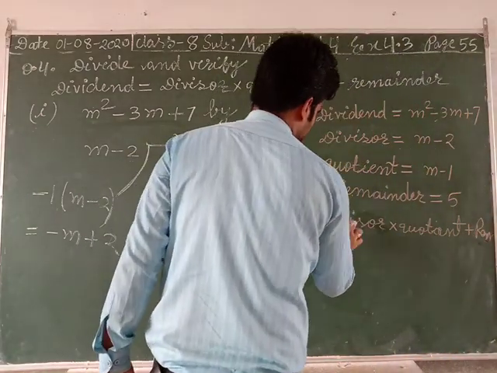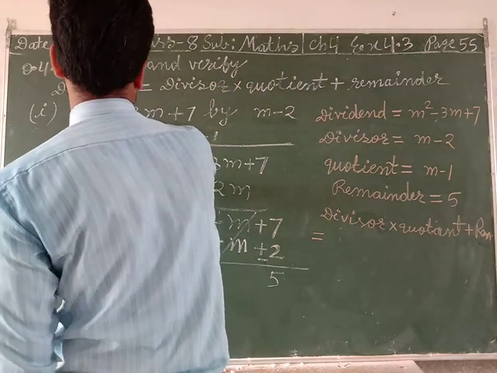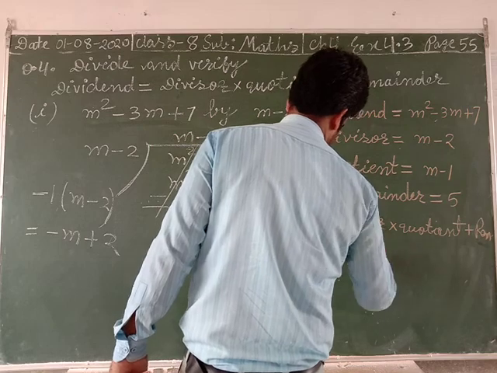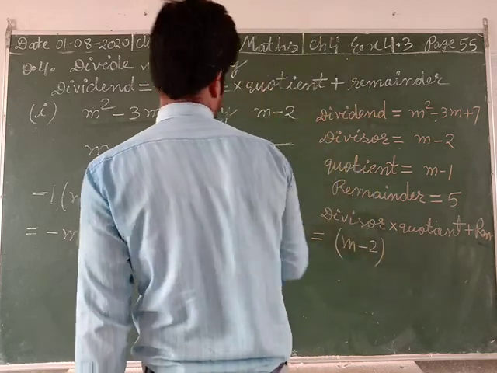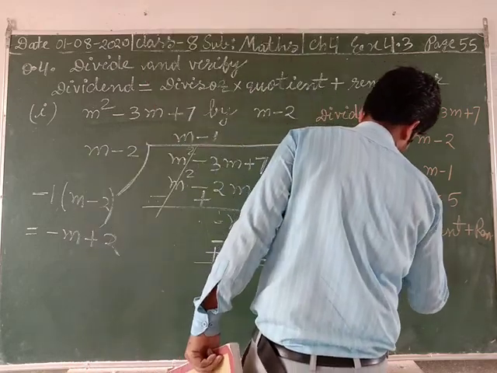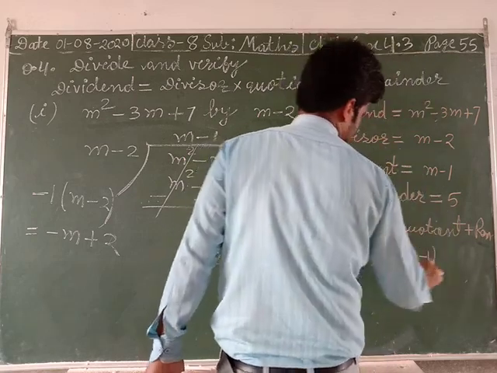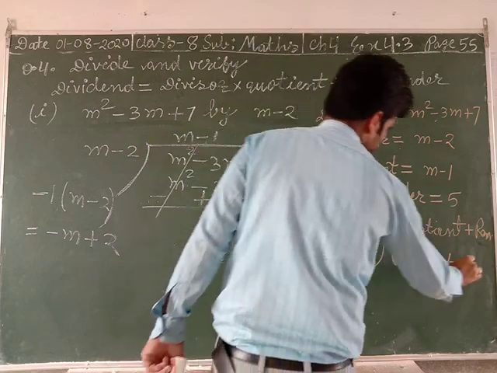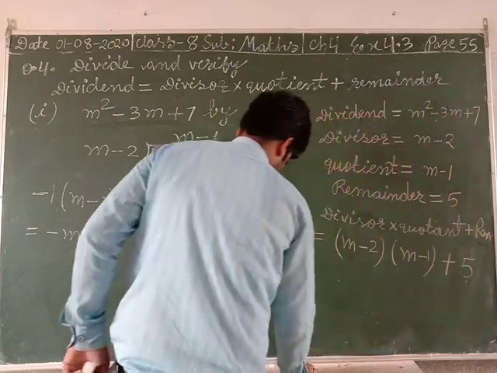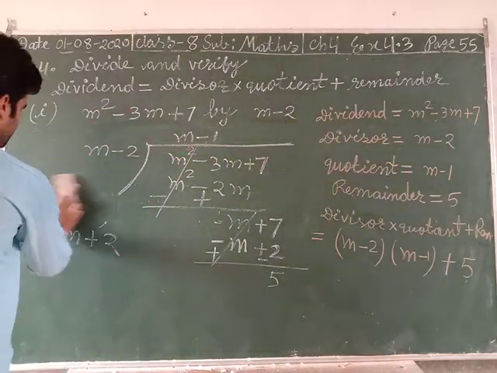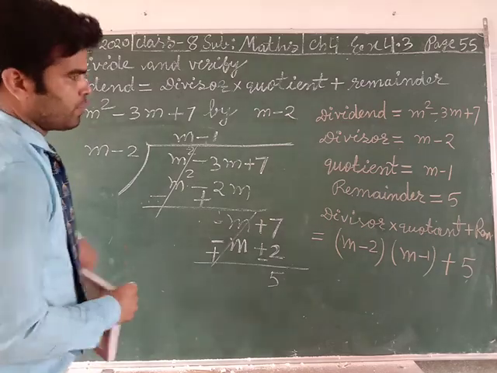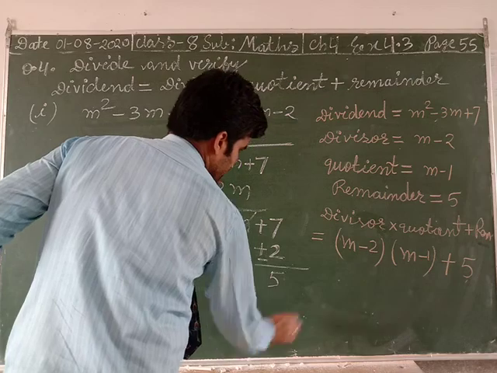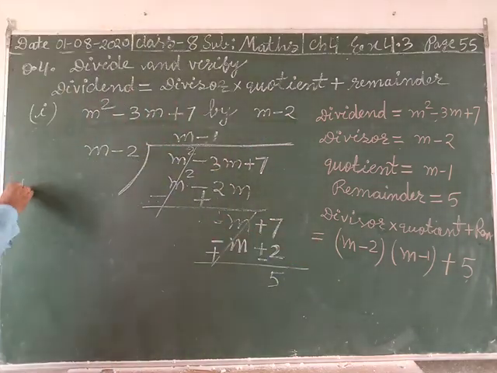Now divisor is what? m minus 2 and quotient is what? m minus 1 plus remainder is what? 5. So students, you have to note down this all. Okay, now we multiply. Here we multiply in rough. Here I am doing rough work.